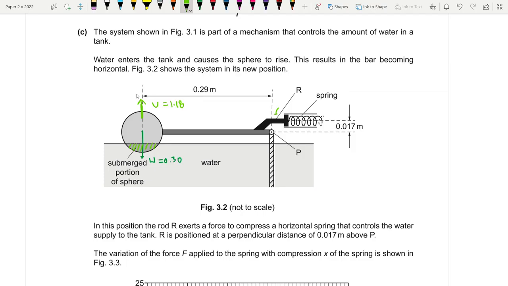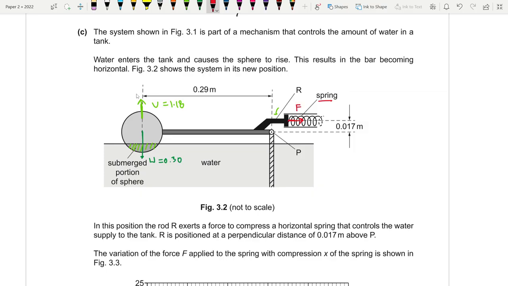Okay, anyway, let's try to balance the moments. So upthrust is providing a clockwise moment, while weight is providing an anti-clockwise moment. That's the first thing. So what is the force actually providing over here? Check this. The force is actually compressing this spring. So clearly the force F is being applied in this direction.